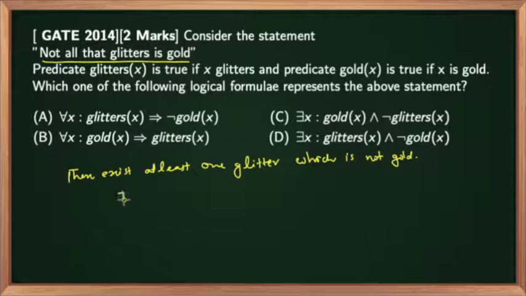So I have said there exists an x such that it is a glitter and it is not gold. See, I am using there exists and AND. So the answer should be D.